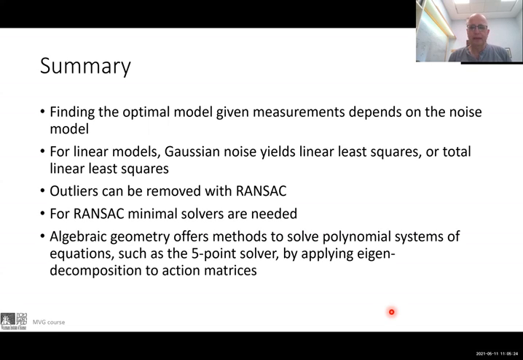We talked about outliers and how you can use RANSAC to remove them. For RANSAC, we need minimal solvers, to solve with a minimal number of equations. And we talked about one method from algebraic geometry, how to solve polynomial systems of equations, and how to do this for the 5-point solver, by applying eigendecomposition to an action matrix.